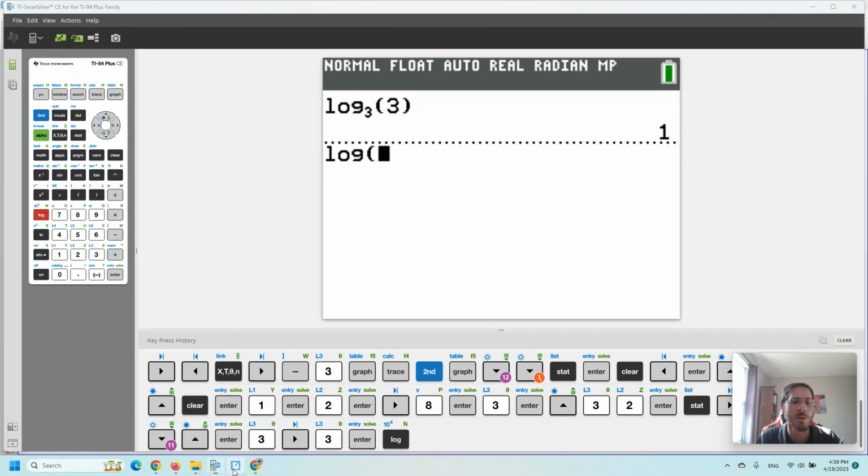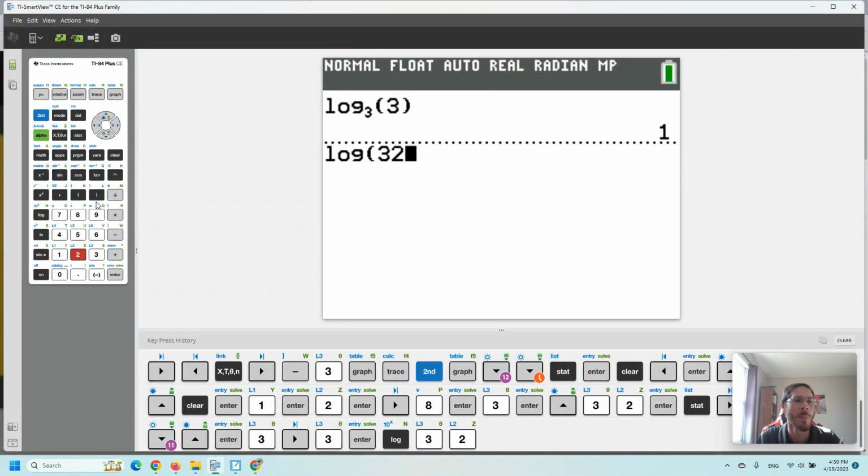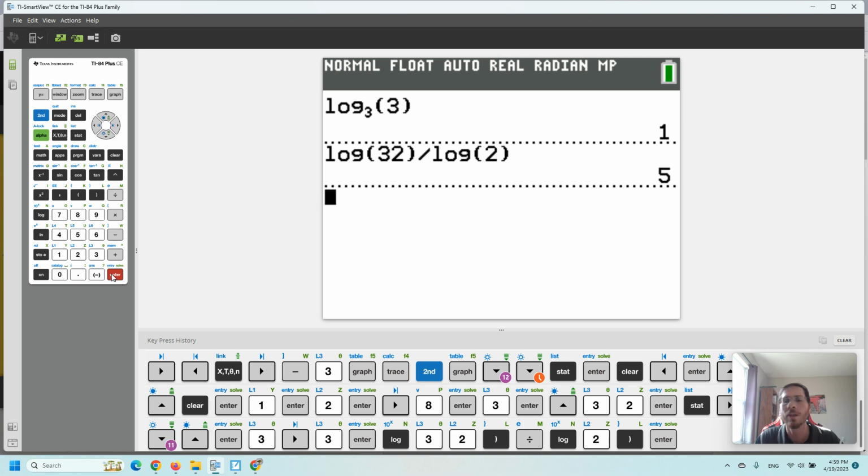So I think that's log of 32 over log of 2. So that'll work out. That still gives me 5. That's the same thing as if I put in the log with the little number here. Again, if my calculator doesn't have the log base, I have to do it this way. I know some of the calculators are a little bit old and don't have that.